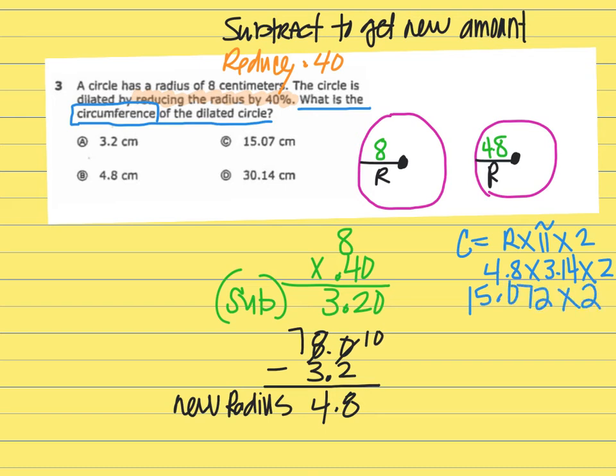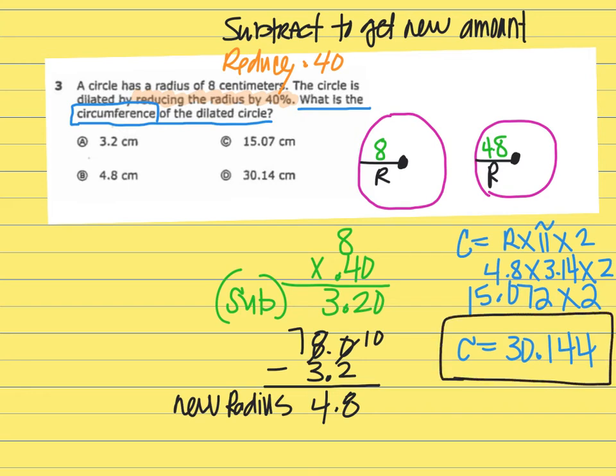Then I can multiply that answer by 2, and you get 30.144. So that actually is what the question is asking for. That was a very, very long, tricky question that you had to read lots of information. So my final answer would be C, 30.14.